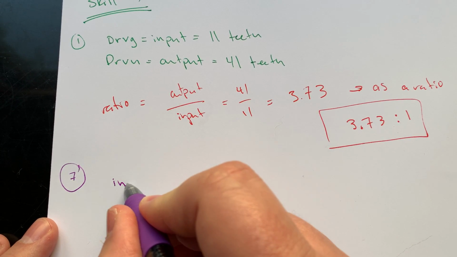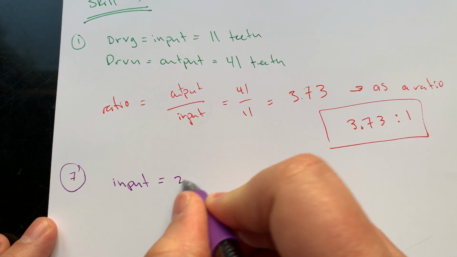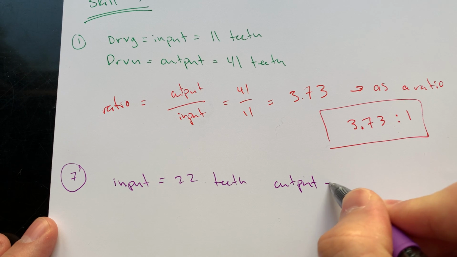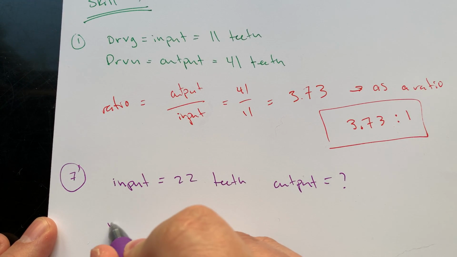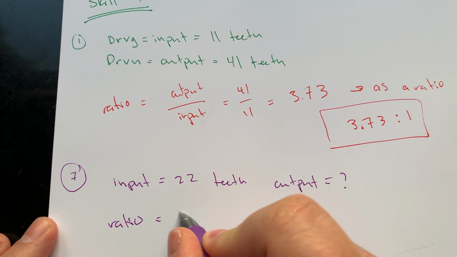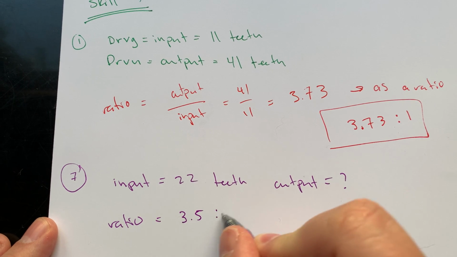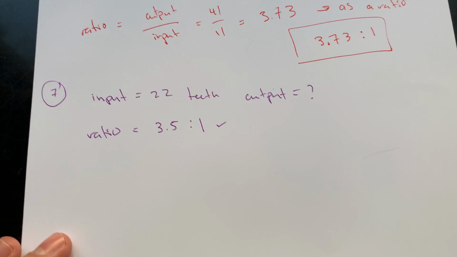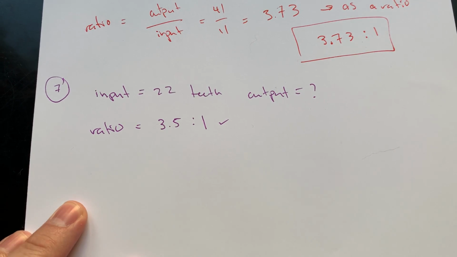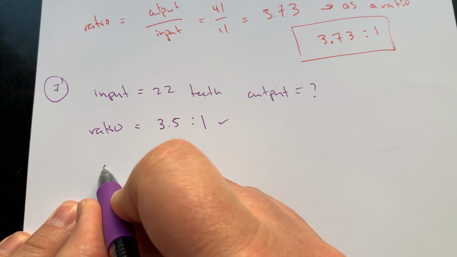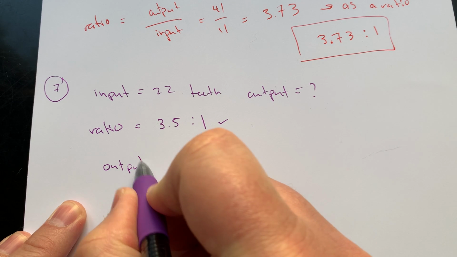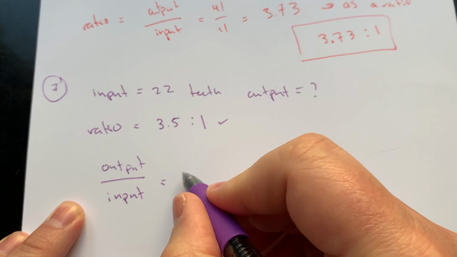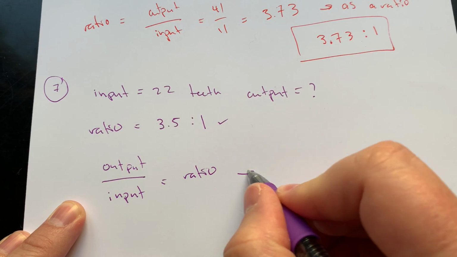The input is 22 teeth. The output is a question mark, but we know the ratio is 3.5 to 1. The setup here should be the output over the input to get our ratio.